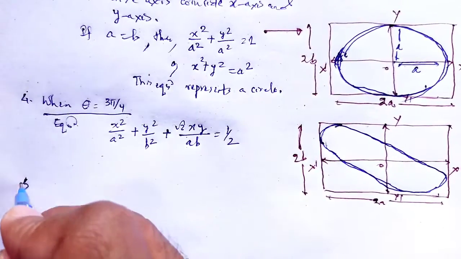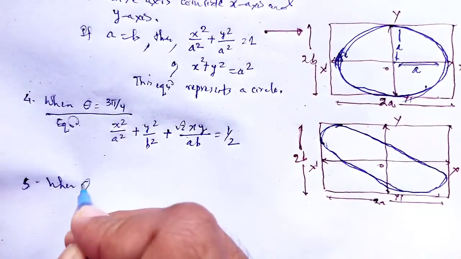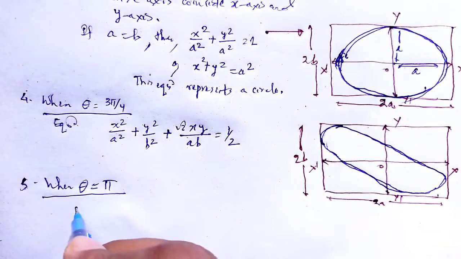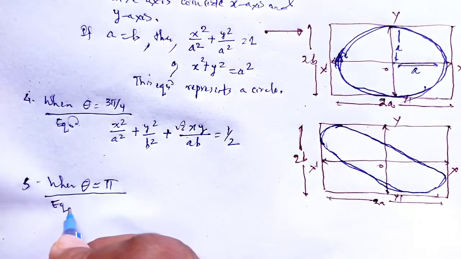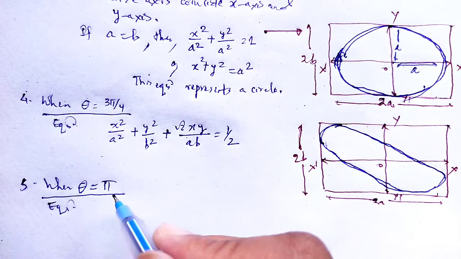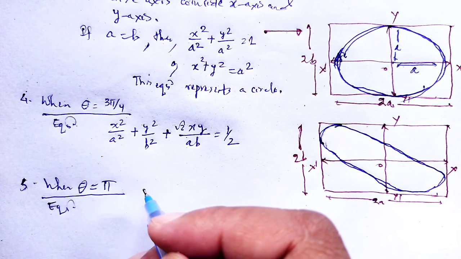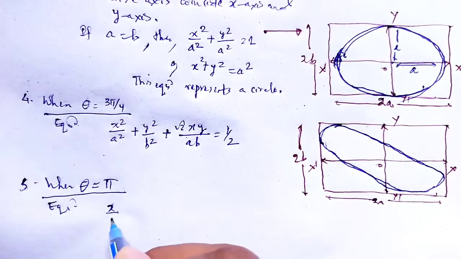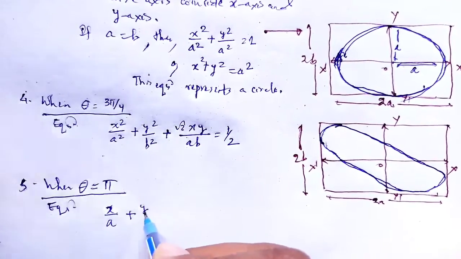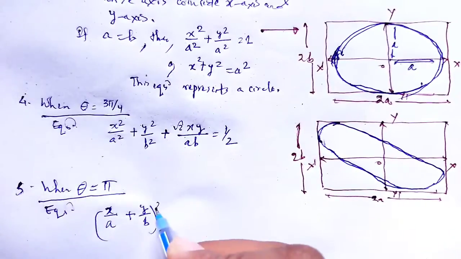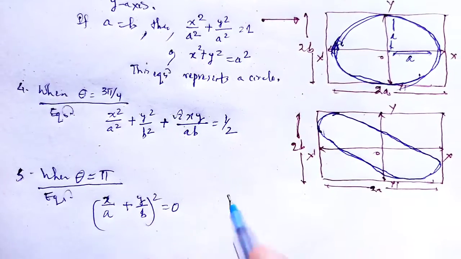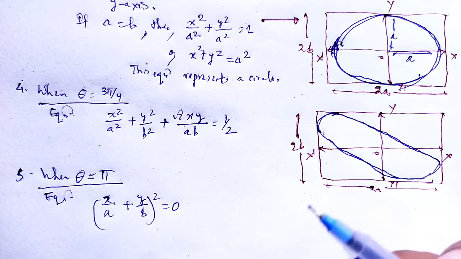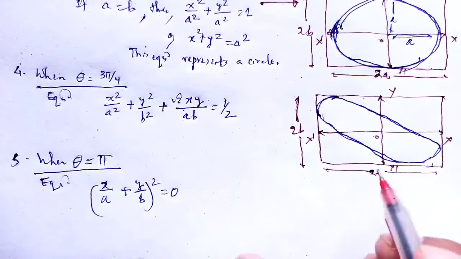Next case, when theta is equal to pi. So, the equation changes; here cos pi is minus 1, sin pi is 0. Therefore, the equation changes to (x by a plus y by b) whole square is equal to 0. That equation represents a coincident straight line passing through the origin.